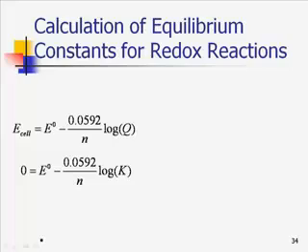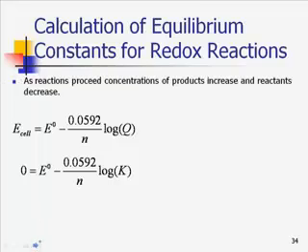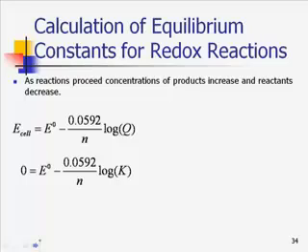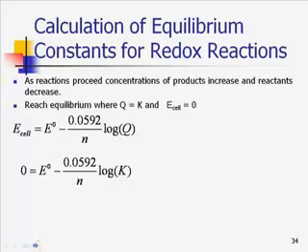You can calculate equilibrium constants of redox reactions. Basically, what you want to keep in mind is that as they proceed, the concentrations of products increase and reactants decrease, and when they reach equilibrium, Q is going to be equal to K, and at equilibrium, E cell will be 0.